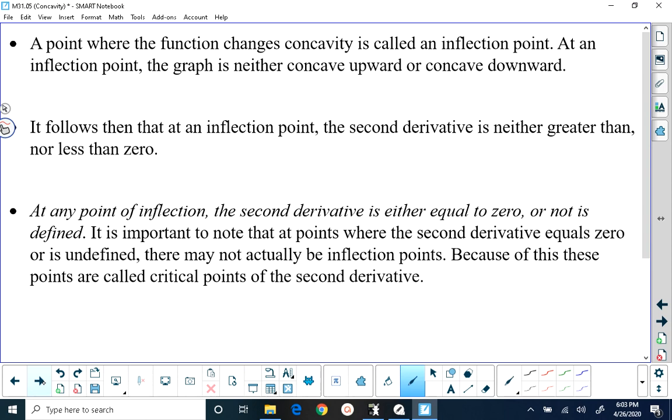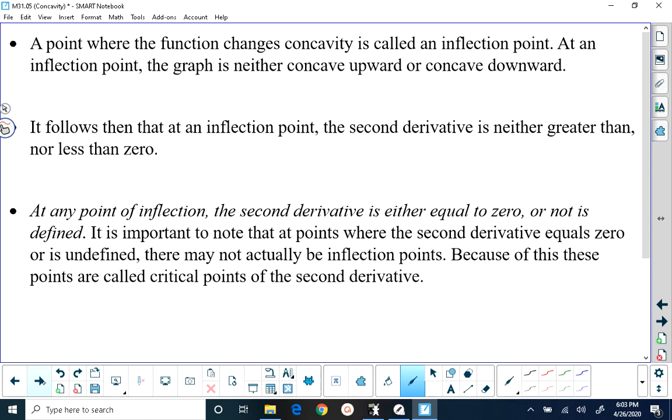What we did was we identified all the critical points of the first derivative, which were points where the first derivative either was 0 or undefined, and then we looked closer at those points to find out which of them, if any, turned out to be extreme locations, meaning points where there was a maximum value of the function or a minimum value of the function. But we learned that not all critical points of the first derivative were max-min points.